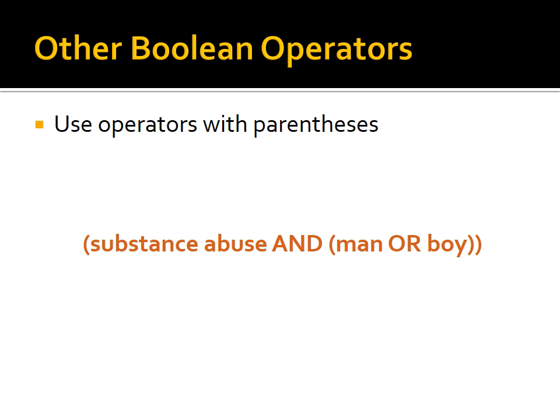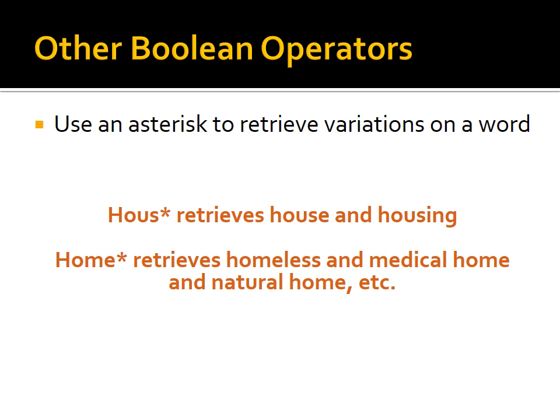This search is going to find any indication where a funder has used the term substance abuse and the term man or the term boy. And I could have added in here man or boy or teen or teenager or adolescent or any of the other iterations of the teenage years in that smaller parenthetical bracket with man or boy. That would be how I would tighten up a search and expand the target population.